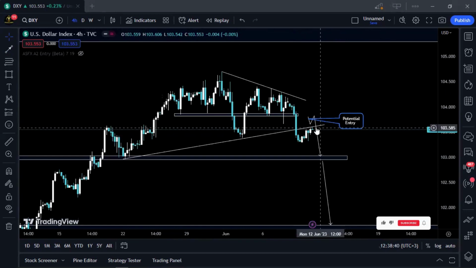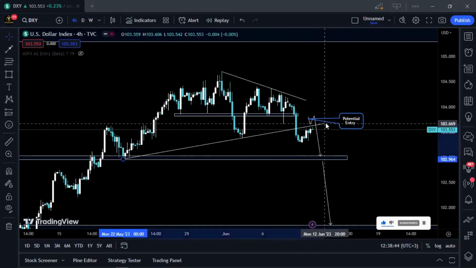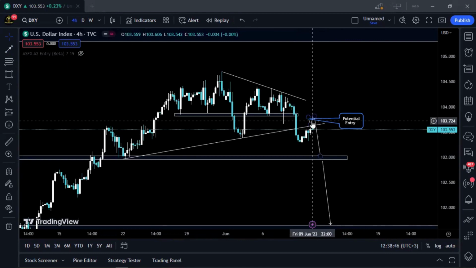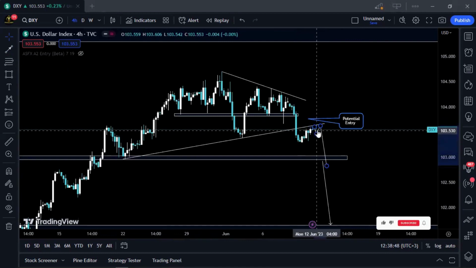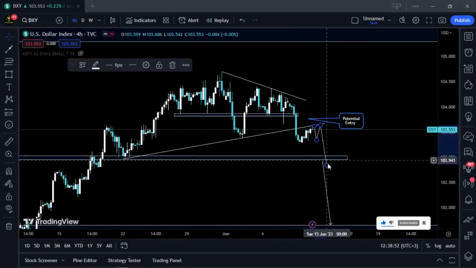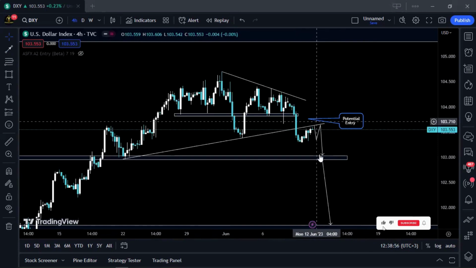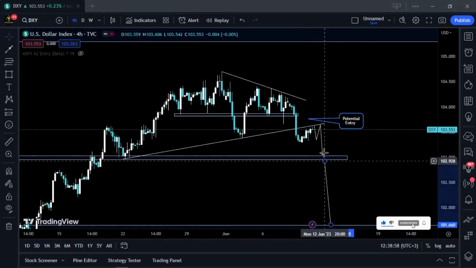Currently, we can see prices are losing momentum as they're approaching this broken trend line here. So we might be seeing some kind of a continuation from there. And then from there, we can actually start looking for selling opportunities. First targets will obviously be here.